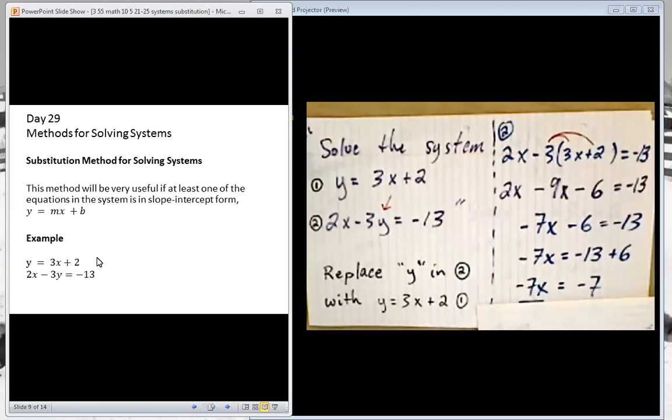This was your solving x, by the way, over 7. Ah, minuses, yeah. Good. Okay. All of this was to get the x value.